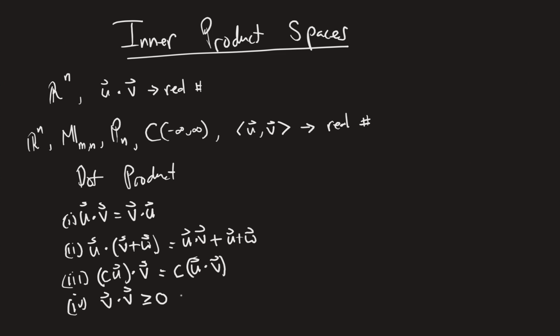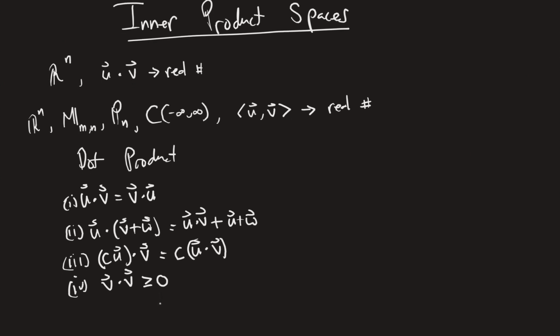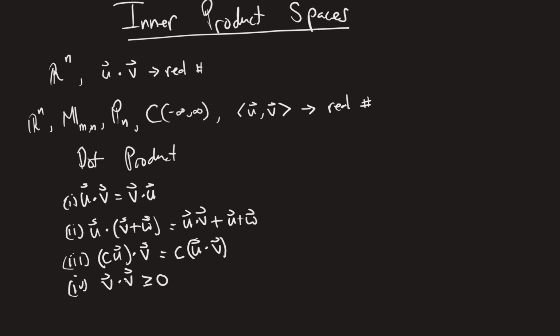And as a subsidiary of this property, the only way v dot v is equal to 0 is if the vector itself is the 0 vector, right? So those are some of the properties we have for the dot product, and we've used several of these previously. But now let's translate those to what it would look like with our new notation and the idea of an inner product.